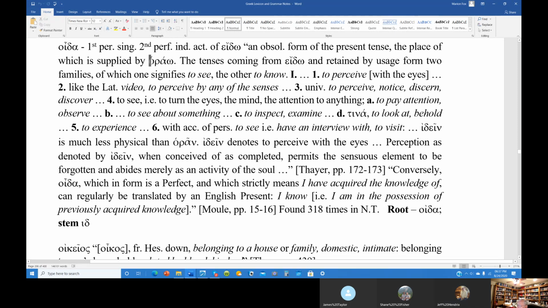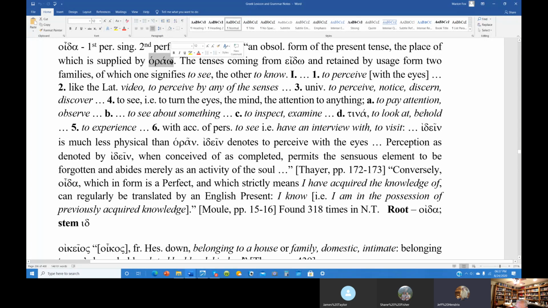All right. So this word means to see. We use this in English. Someone will start explaining something, we say, oh, I see. What that means is now I understand it. And so this word then carries that meaning. Whereas horao doesn't carry that meaning. There's a difference in them.